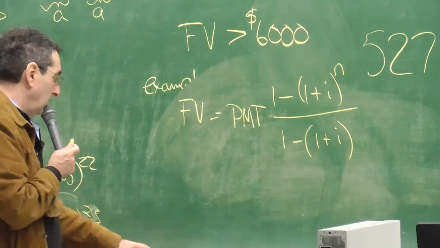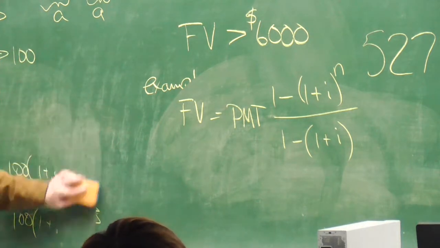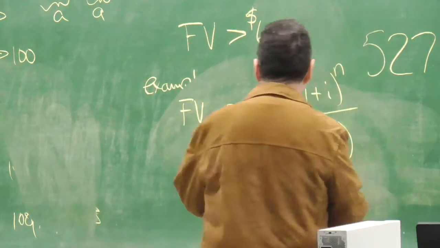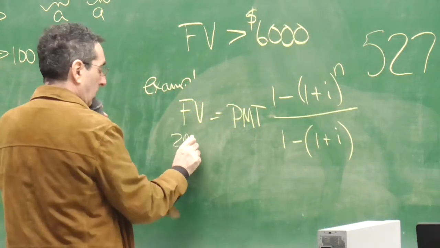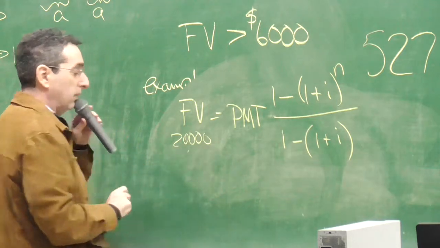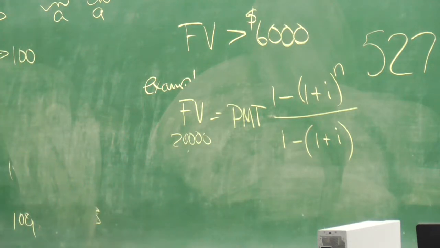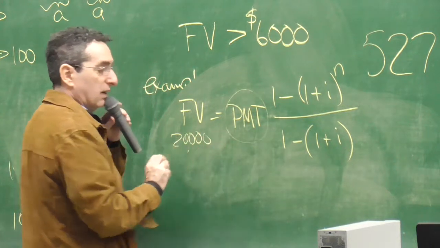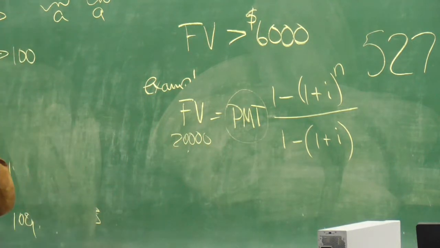Okay, now, if you're given the future value, like you are in this problem, you're given this is 20,000. So you're not trying to find the future value. You're trying to find something else. They're asking us to find this given this. Okay?